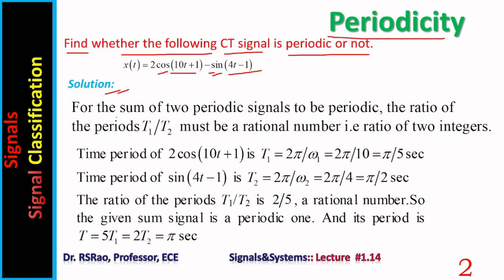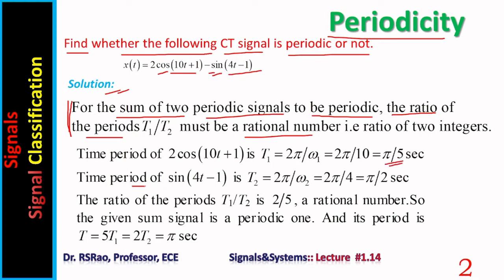Solution. For the sum of two periodic signals to be periodic, the ratio of the periods T1 to T2 must be a rational number, the ratio of two integers. So this is the criteria for the periodicity of sum of two periodic signals. Time period of the first component 2 cos(10t plus 1) is pi by 5 seconds.